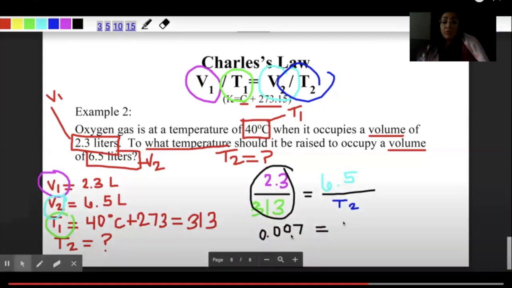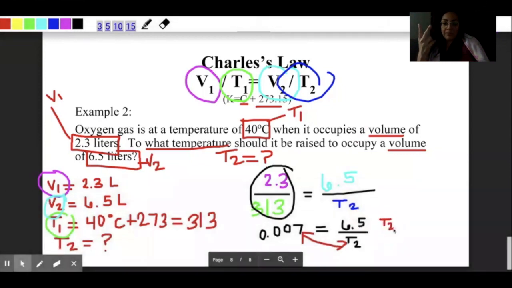And then once you have one number on the other side, it's really easy now because all you have to do is isolate this T2. All we have to do is switch over T2 with the 0.007. We basically have to swap their places, kind of like cross multiplying.